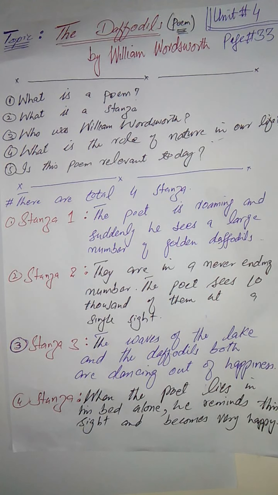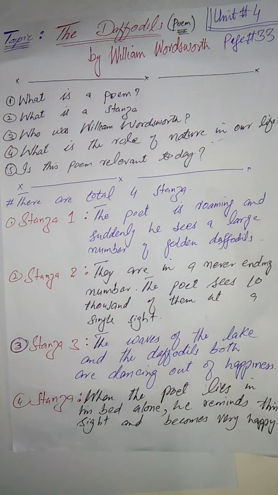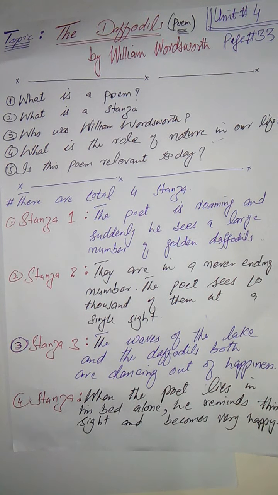Poetry you find when there is a song, suppose you listen to a song, or other recitation of poetry during speeches, etc. In a poem you have a rhyme scheme, the same sound at the end of each line, and you have rhythm. Now rhythm is quite difficult for non-native speakers because it is the combination of stressed and unstressed syllables.